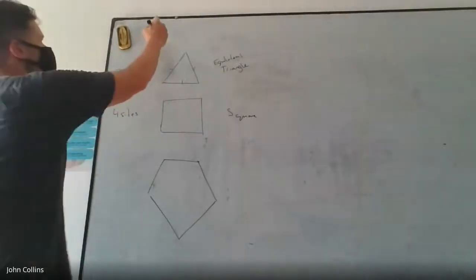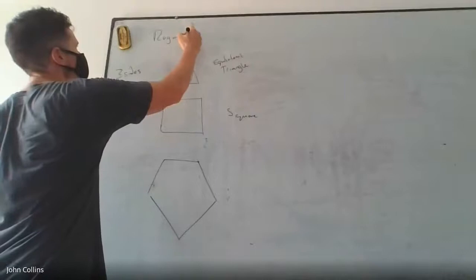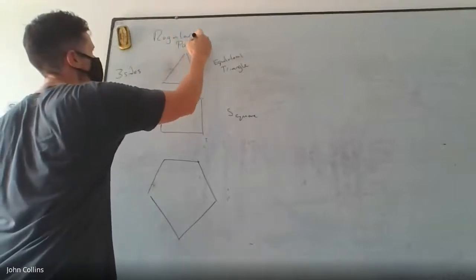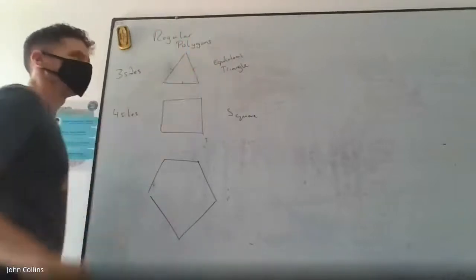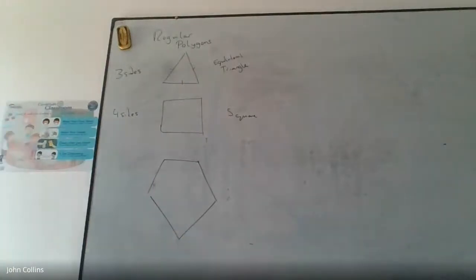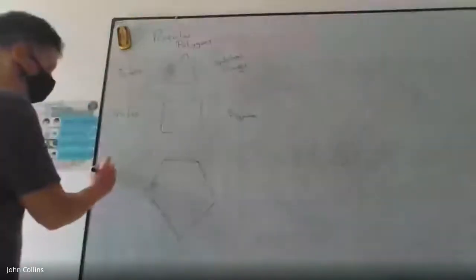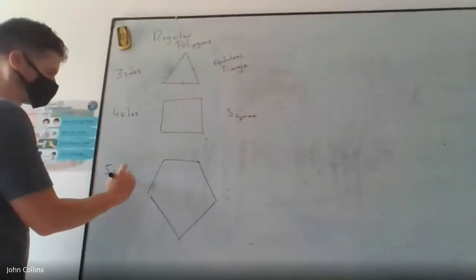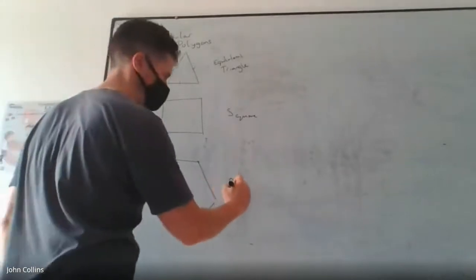So we're looking at regular polygons. We discussed that regular polygons means sides of equal lengths. So a square, the 5 sided we looked at is a pentagon.